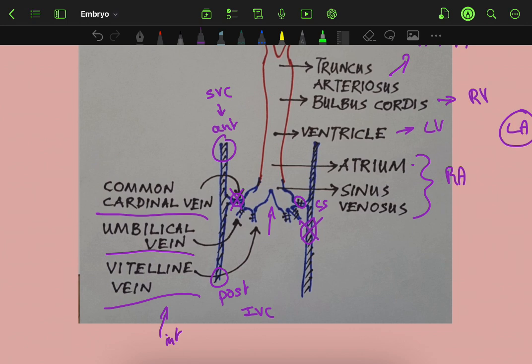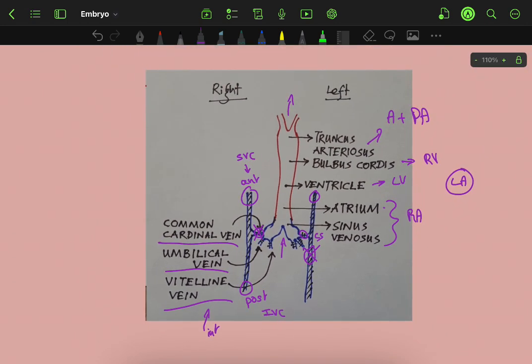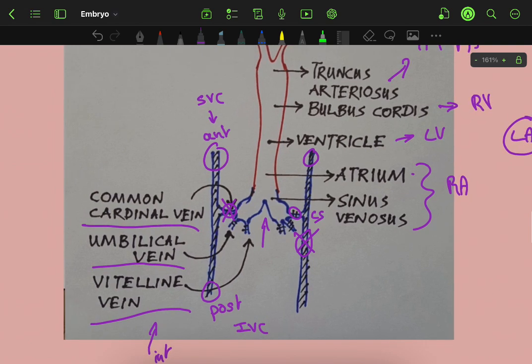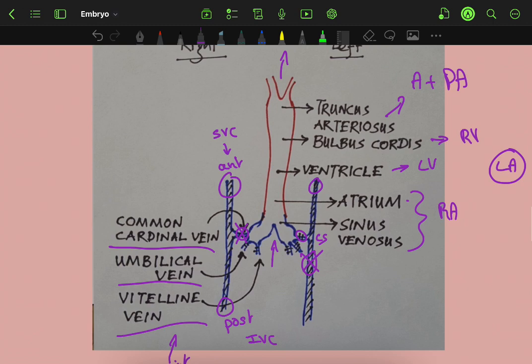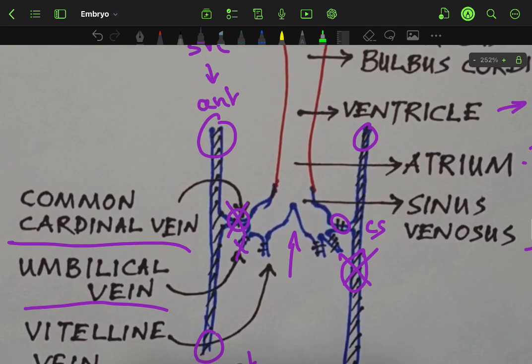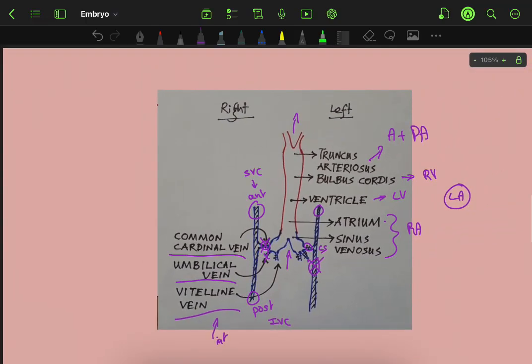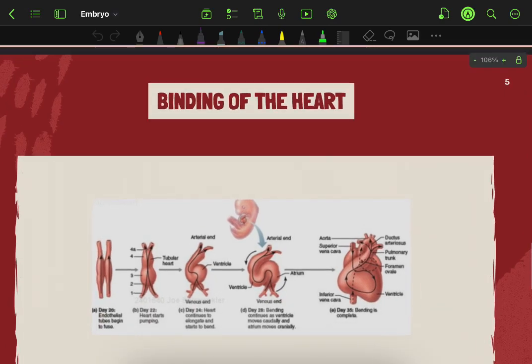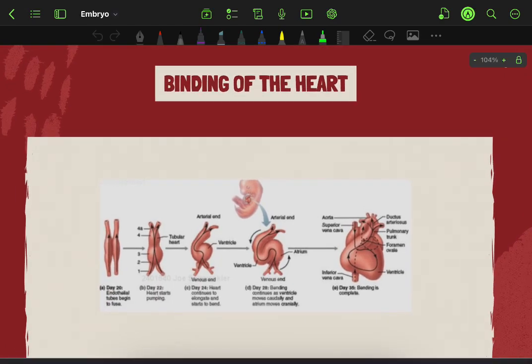So the second, or the left superior vena cava, will join and go through the coronary sinus. You have to know this, okay? And finally, about this slide, you have to know that the right umbilical vein will disappear, but the left one will persist.